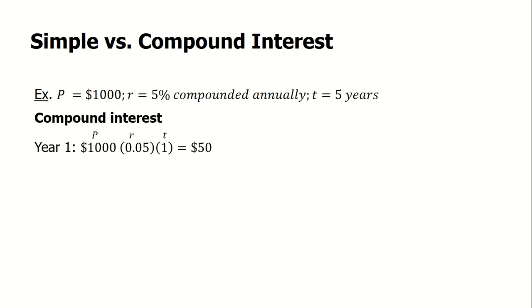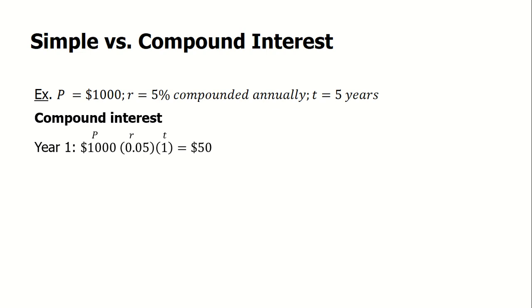Because the principal will be different in every year. In year 1, this is just the same as the simple interest one. So 1,000 times 0.05 times 1 year, not 5 years, since we are only computing the interest at the end of year 1. When we multiply all three together, it will be $50.